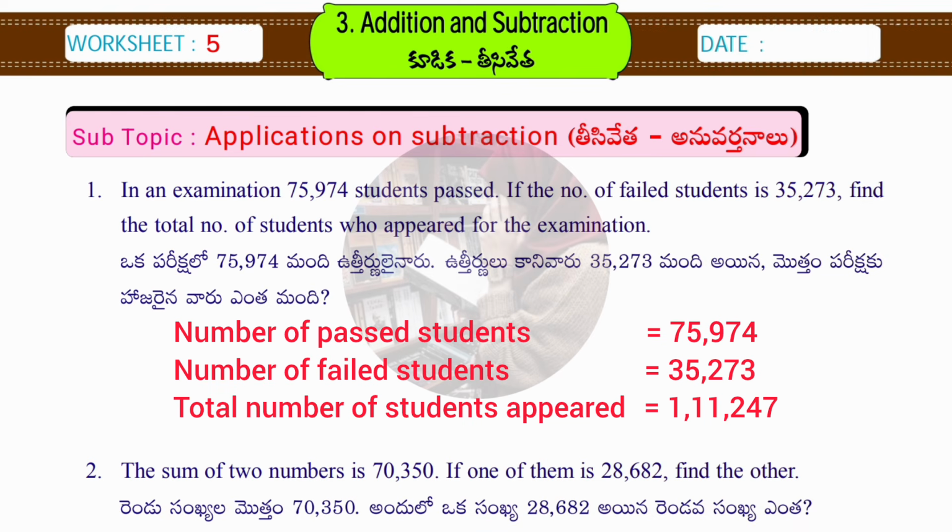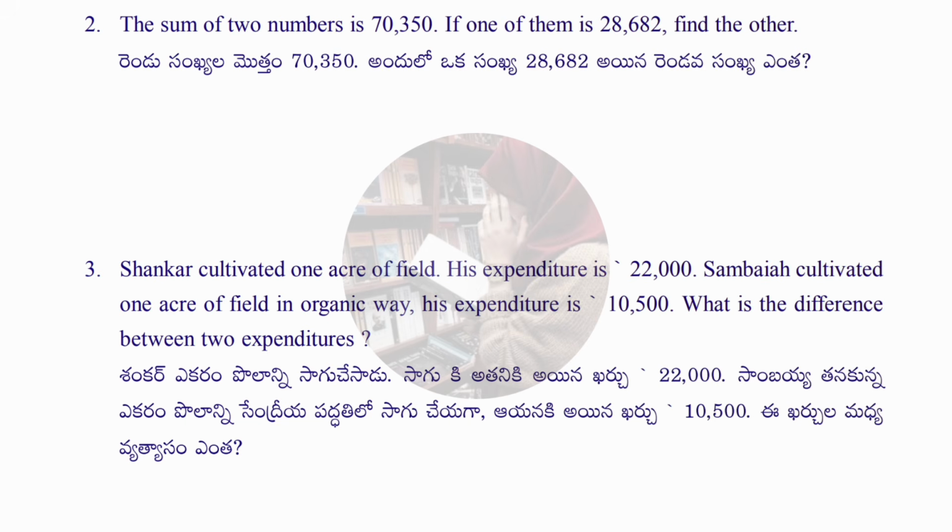Means you have to do the addition. Passed students plus failed students, then only you will get the number of students appeared for that examination. Okay, if you add it, you will get the answer as 1,11,247. Understood guys?